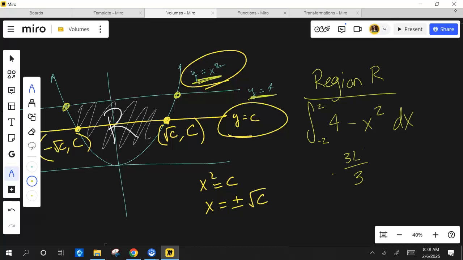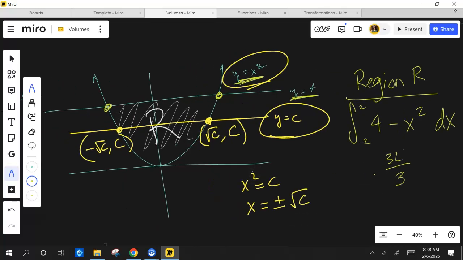Now, 32 over 3 is this entire area here. What I'm doing, I'm going to set up an integral. I'm going to cut it in half. You're exactly right. I'm going to cut it in half and then set it equal to the integral from here to here.